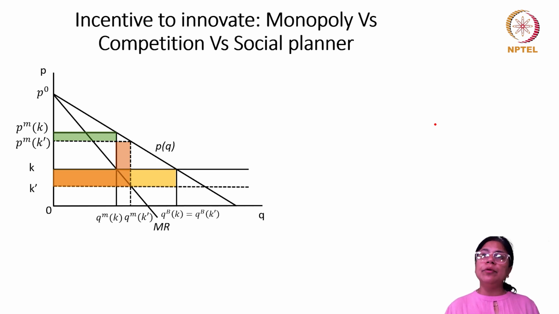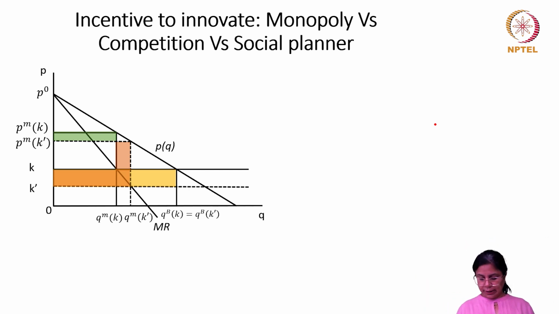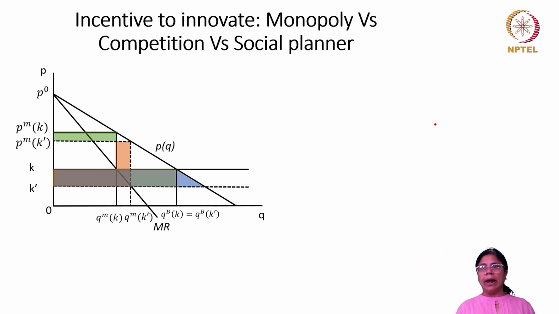From a Bertrand point of view, this pink area which was there earlier, the other side L, now needs to be compared with this partly yellow and partly orange area, the rectangle that we have. And from the social planner's point of view, this purple and blue area has been added, and that provides us a comparison of the incentive to innovate in case of a monopoly vis-a-vis a competition vis-a-vis the social planner.